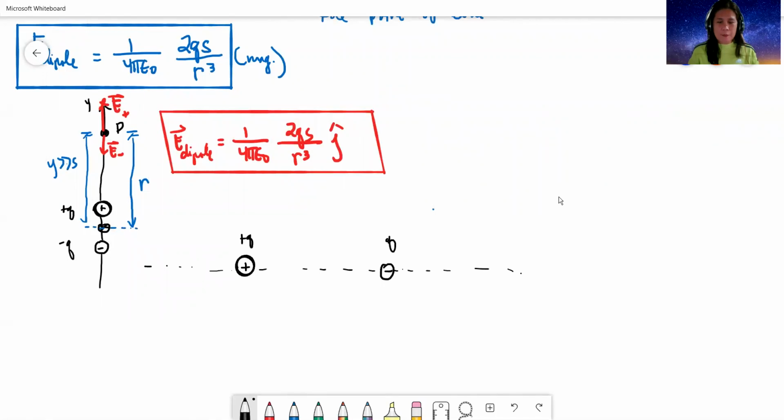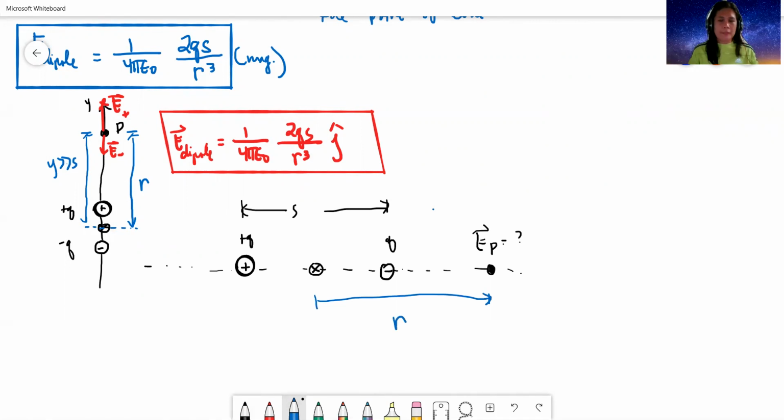Say for example, if you are to determine the electric field here at point P because of the dipole, if you know the separation S, the R would be from the center of mass of the dipole going to the point of evaluation, that is your R. Okay? And then for the direction now, the positive charge is going to the right.